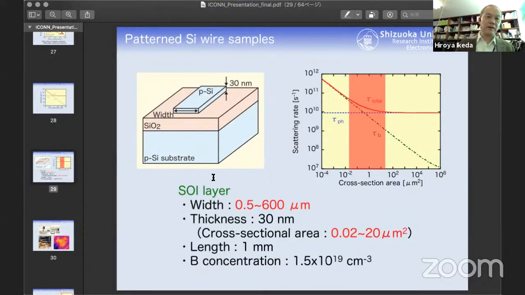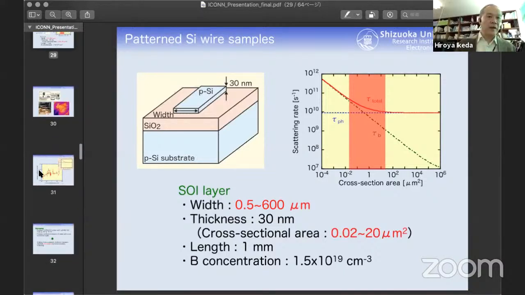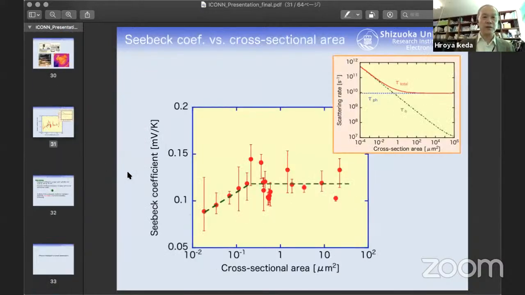In our samples, the SOI layer width is 0.5 to 600 micrometers, and the thickness is 30 nanometers. This is fixed. So the cross-sectional area is around here. And this is a summary of the Seebeck coefficient as a function of cross-sectional area.